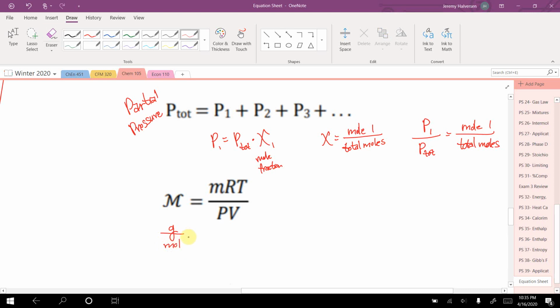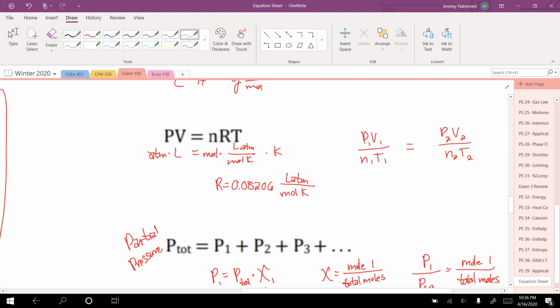That's that big M. And that's going to equal the mass of my gas, which we usually have as grams, times R, the same R as before, so liter atmospheres per mole Kelvin, and then the temperature of the gas, which will be Kelvin, over pressure, which is atmospheres, and volume, which is liters. And again, I'll write here the R we're going to use is 0.08206 liter atmospheres per mole Kelvin. Same as the one we'll use for the ideal gas law.